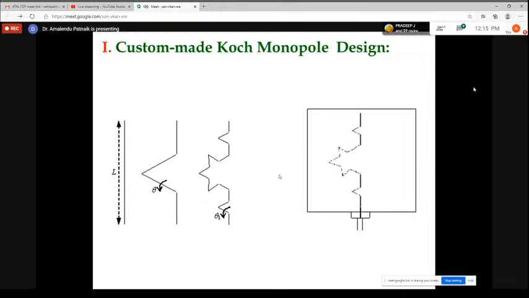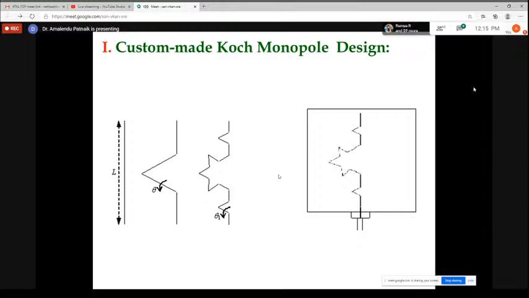For any classical fractal antenna, depending on the number of iterations that you have applied to create that antenna, you can get that many frequencies out of it.